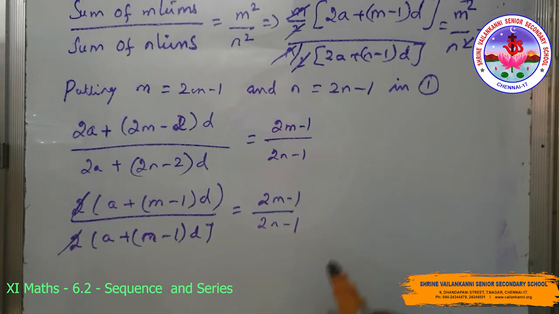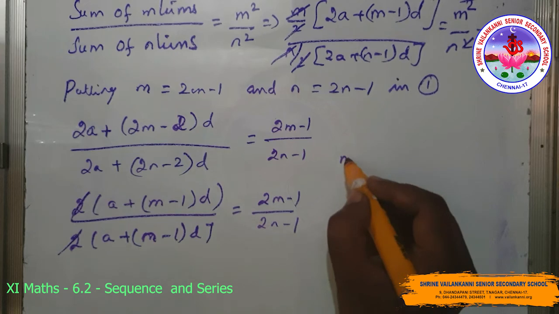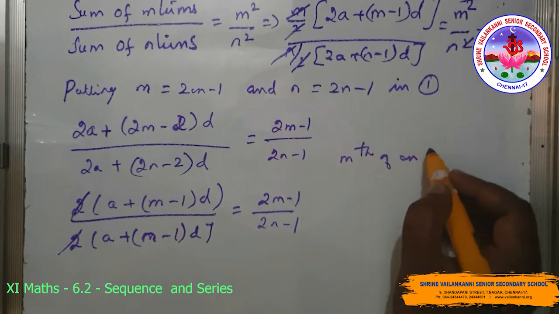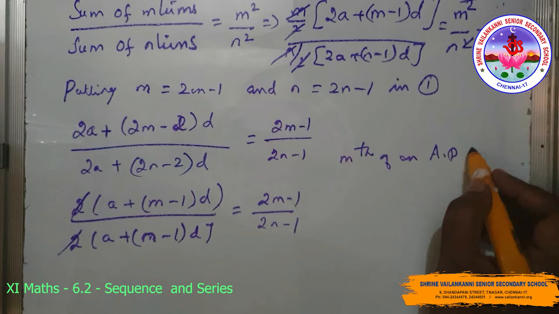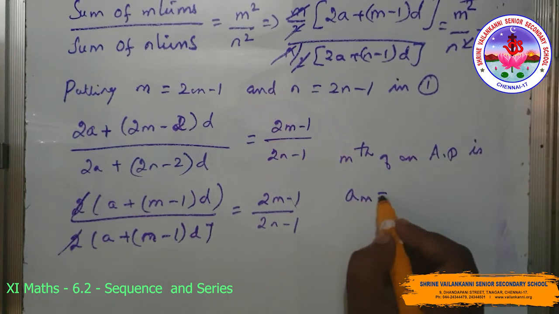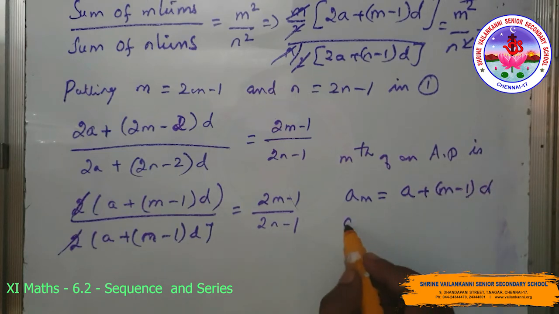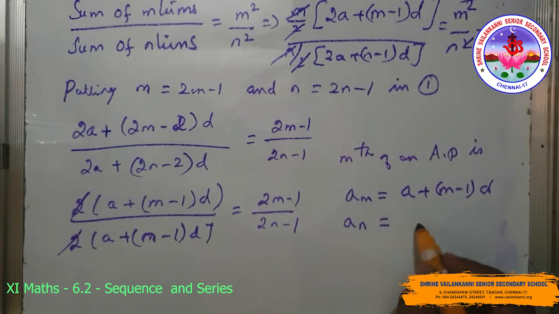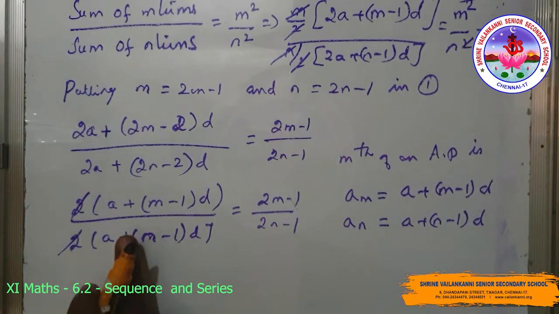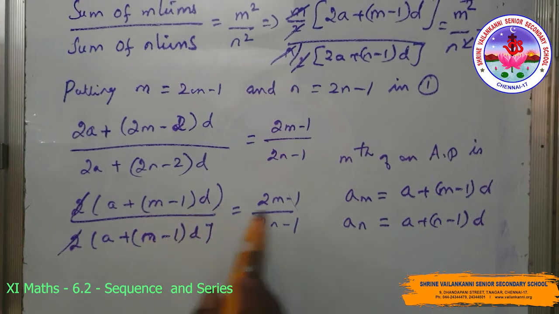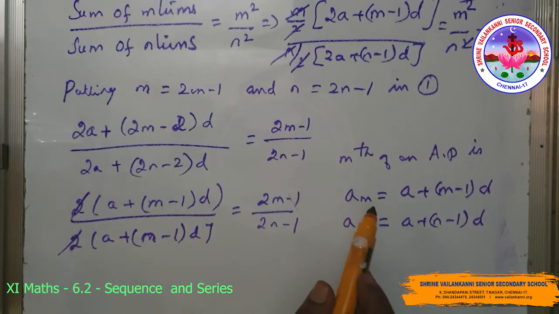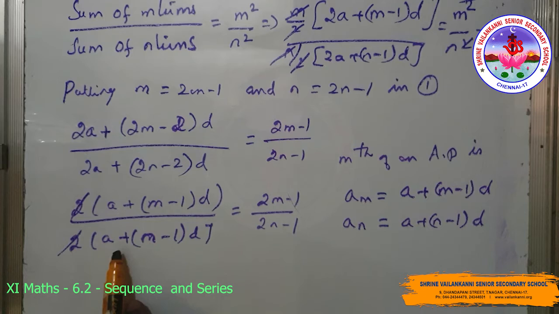So the mth term of an AP is a_m = a + (m - 1)d, and the nth term of an AP is a_n = a + (n - 1)d. So a + (m - 1)d is a_m, the mth term of an AP, and a + (n - 1)d is a_n, the nth term of an AP.